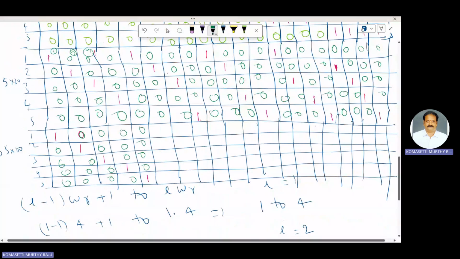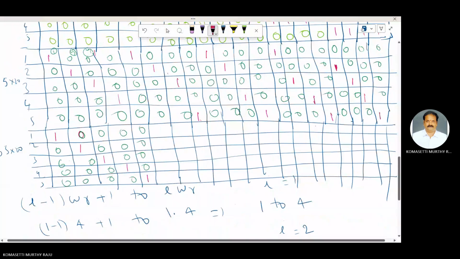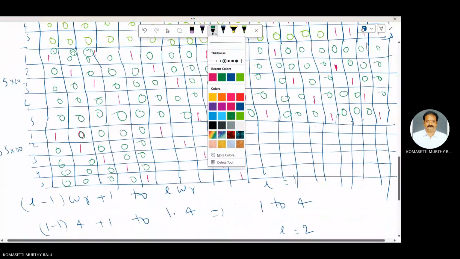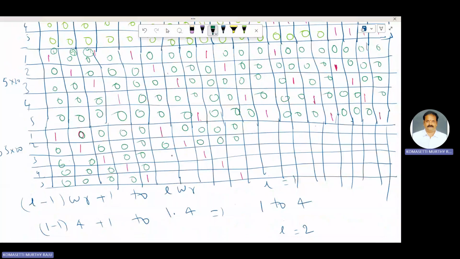Coming to the next one: sixth column, seventh, eighth, ninth, and 10th. The remaining are zeros.